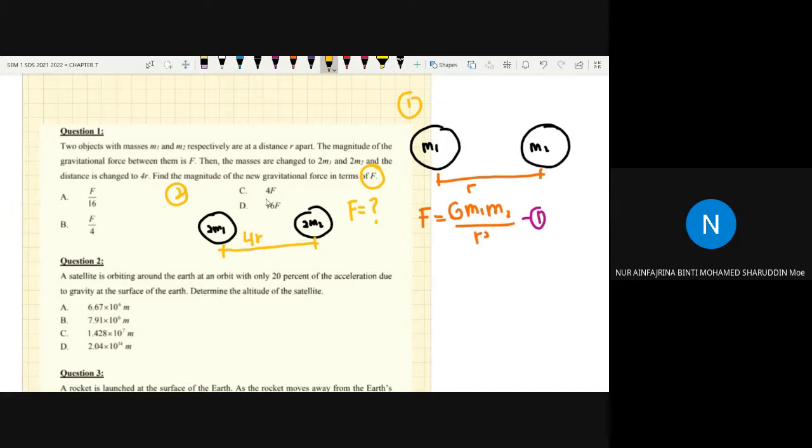Tulis dulu gravitational force untuk ni punya formula. Kalau untuk ini, formula gravitational force kita tahu G M1 M2 darab dengan R squared. Sekarang dia punya mass dah jadi 2M1 2M2 dan distance dia adalah 4R squared. So jadi awak sebenarnya akan dapat F equals to 4/16 G M1 M2.